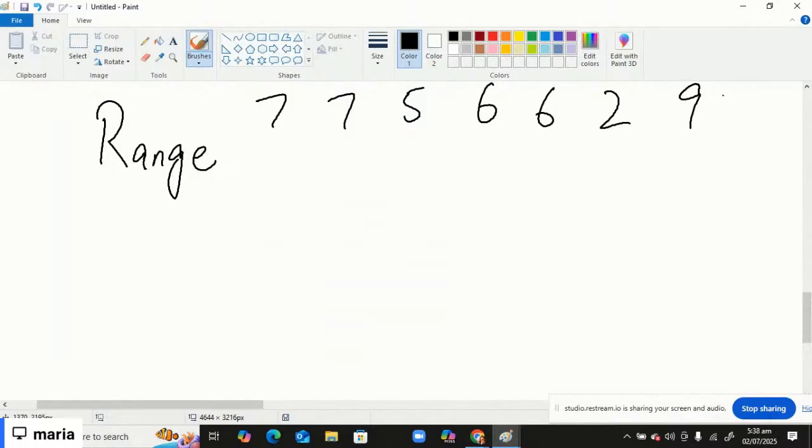We are just checking in the data: what is the greater number in all of it? That is 9. What is the smaller number in all of it? That is 2. You are going to subtract. So 9 minus 2 is 7, and that is our answer.